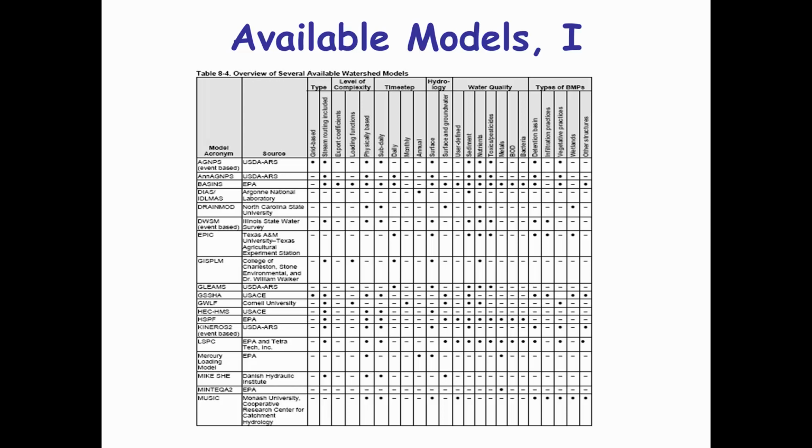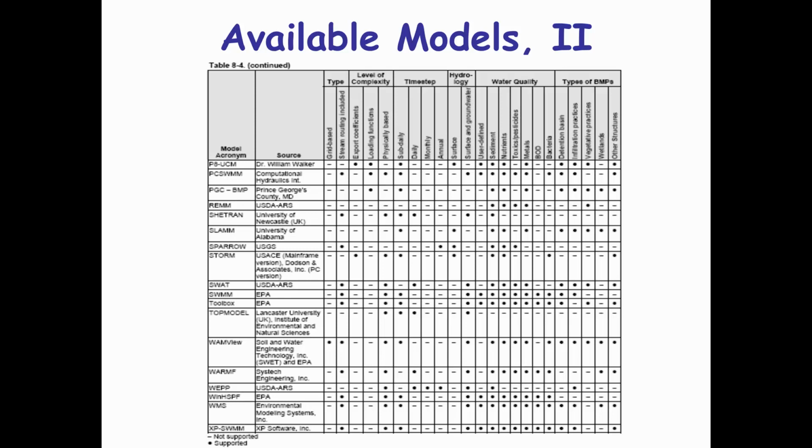It does both surface water and groundwater flow processes. It'll look at water quality. This table says that it does just sediment, but actually it's being improved so that it will include nutrients as well. So it does have a general pollutant transport component to it. And you can use it to look at things such as vegetative buffers, wetlands, and different kinds of vegetative practices for BMPs.